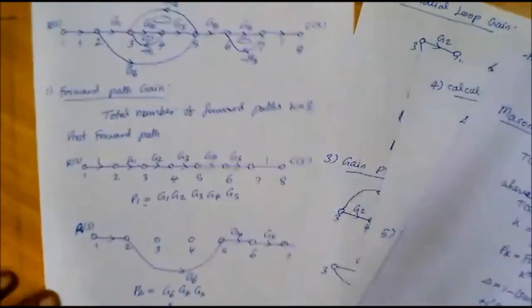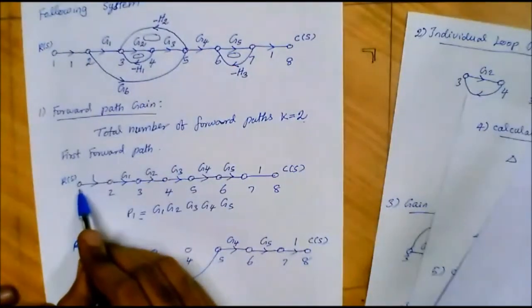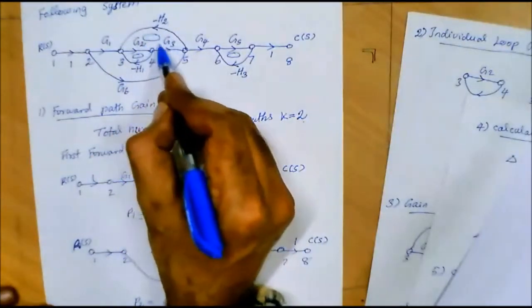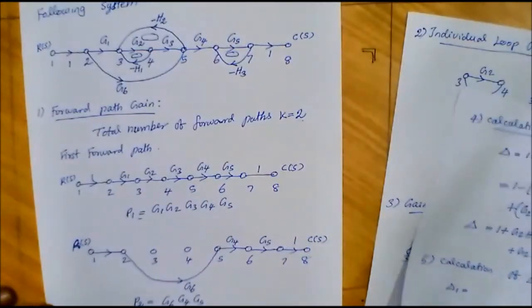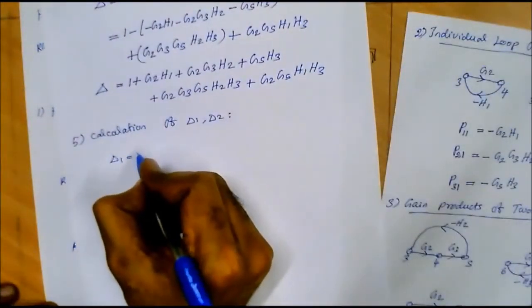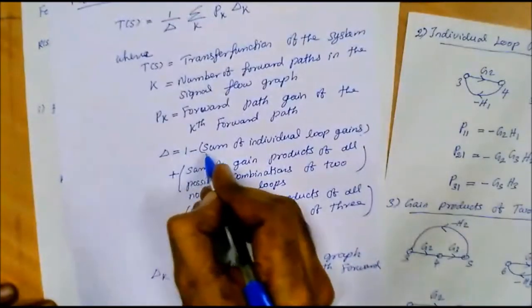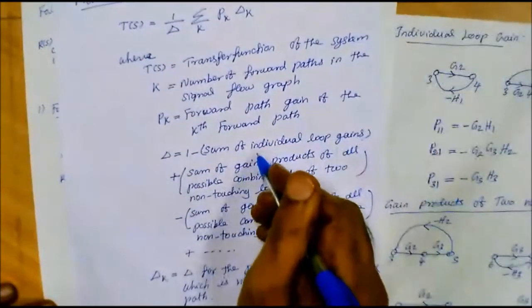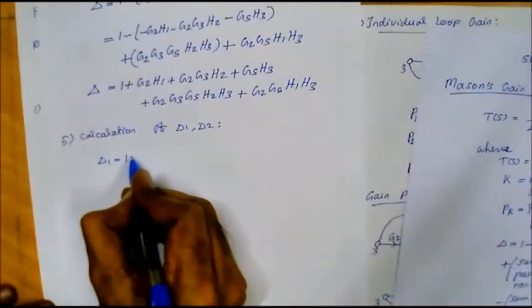So here in the signal flow graph, if we exclude the first forward path, that is this path, then we cannot find any loops. So the value of delta 1 is equal to 1, because the formula is 1 minus sum of individual loop gains, and we don't have any individual loop after excluding the first forward path. So we can consider delta 1 is equal to 1.